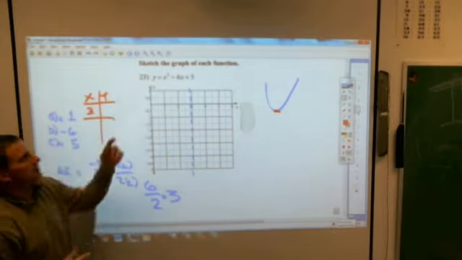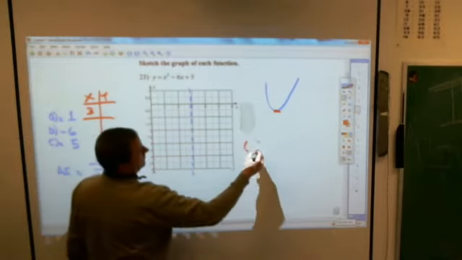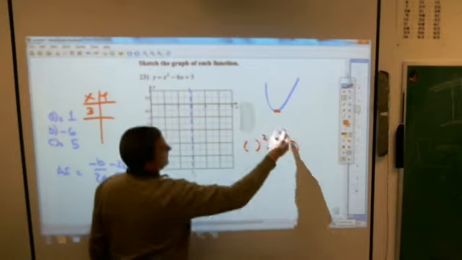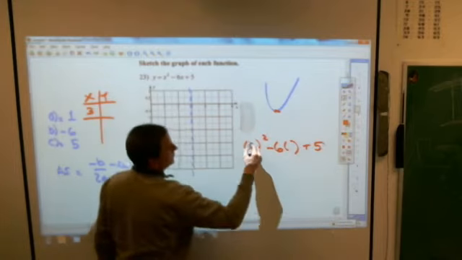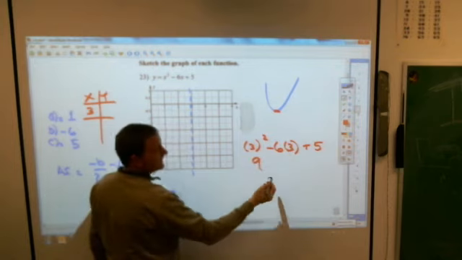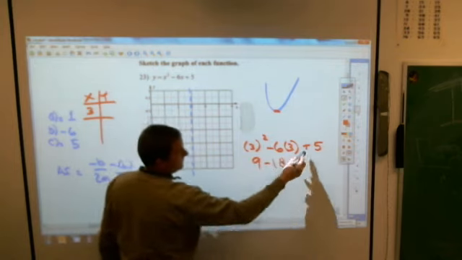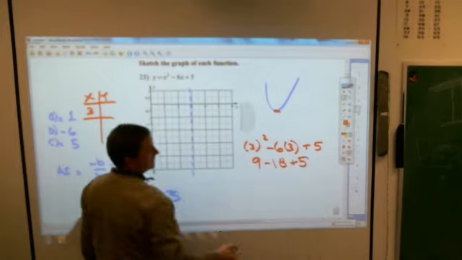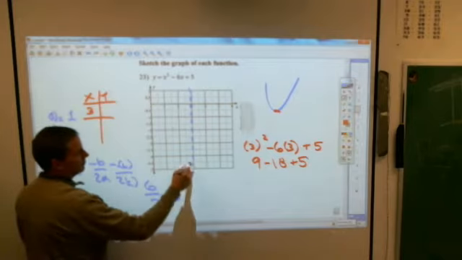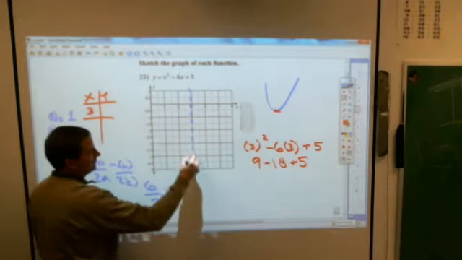So it ends up being 3 squared minus 6 times 3 plus 5. 3 squared is 9. 6 times 3 is 18, so 9 minus 18 plus 5. 9 minus 18 is negative 9, plus 5 is negative 4. So bam, minimum.